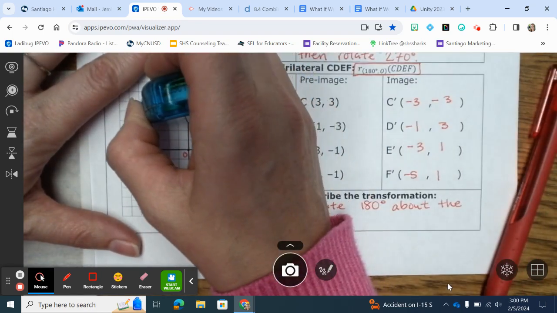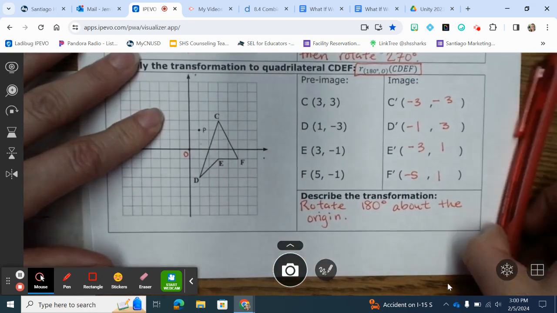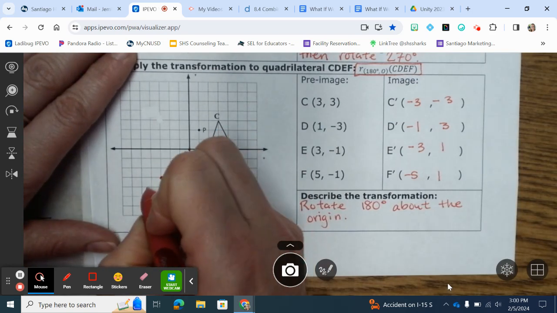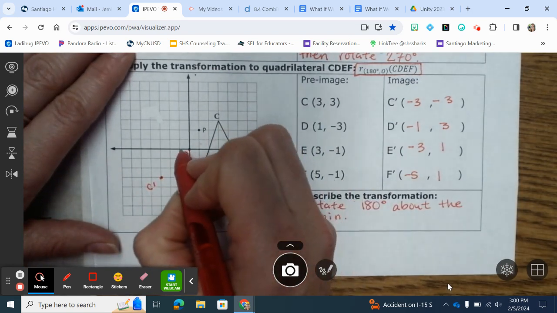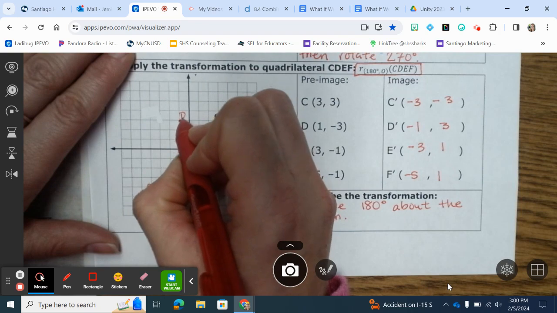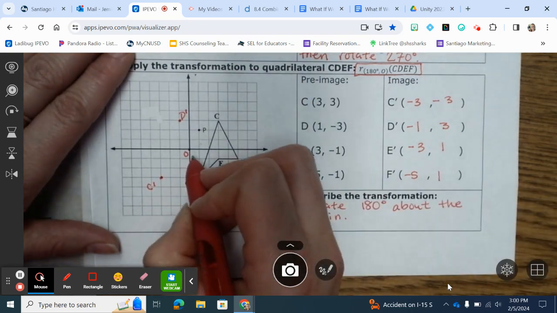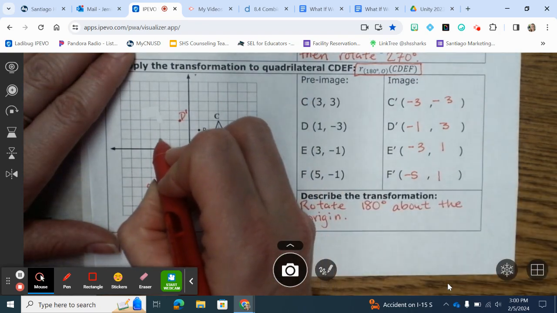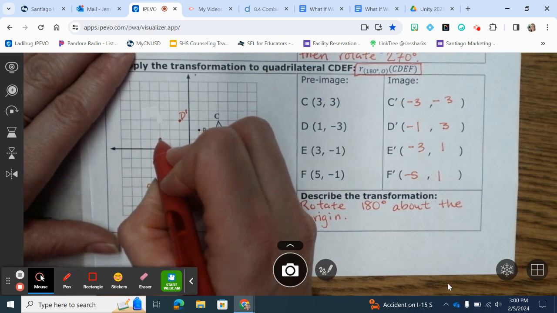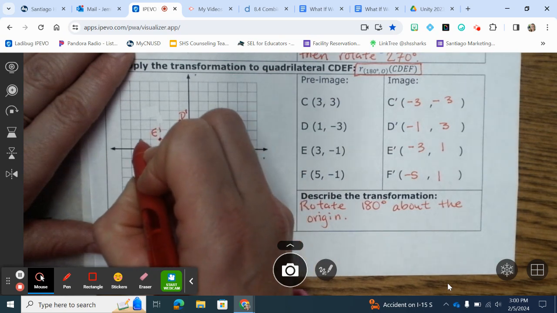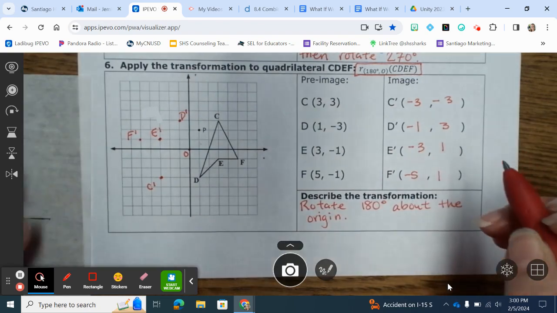I went up 3, not down 3. Excuse my error. -3 and -3. That makes more sense. -1, 3. There we go. Sorry about that. -3, 1. And then -5, 1.